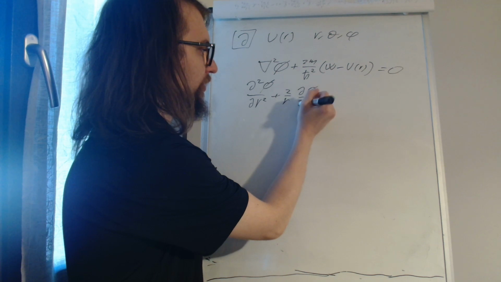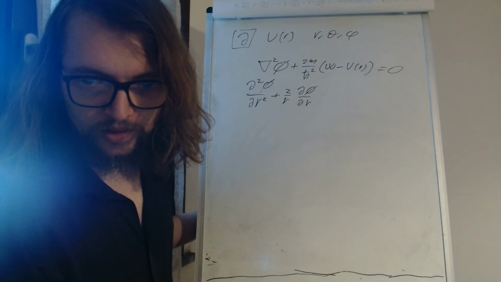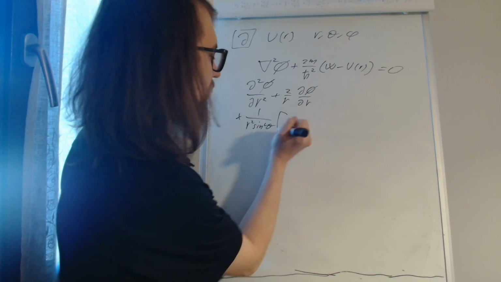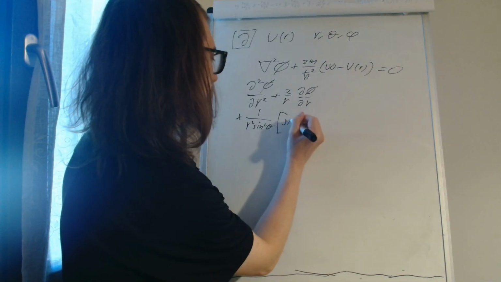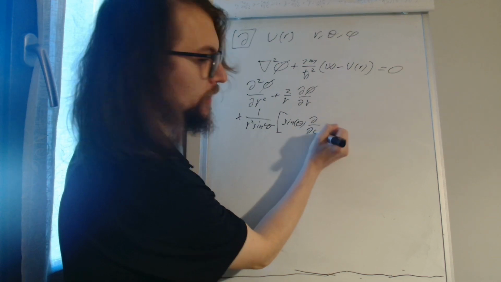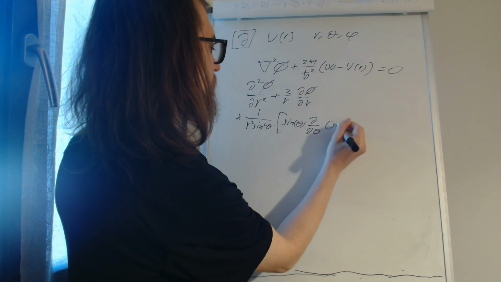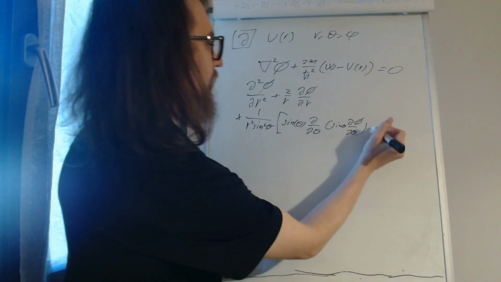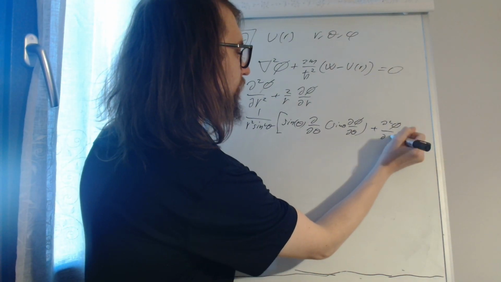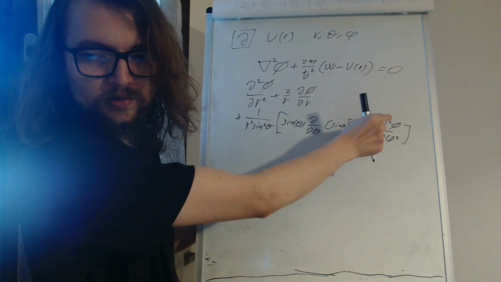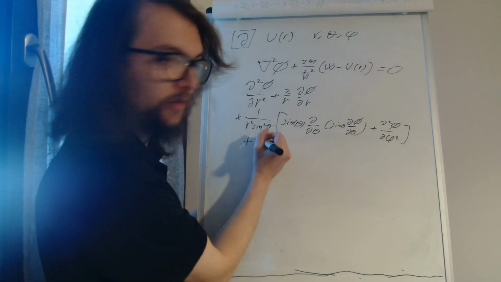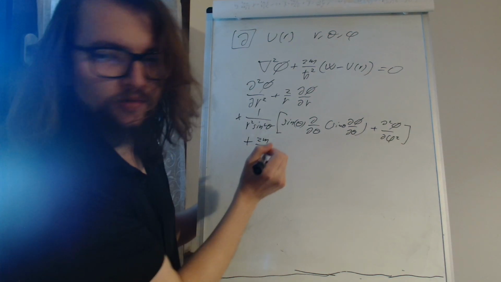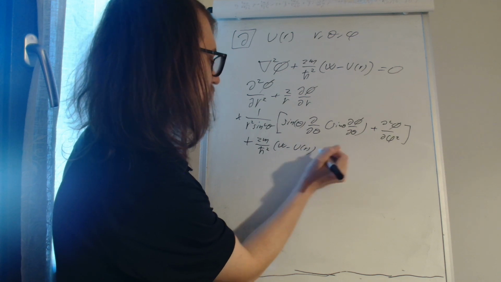I don't remember the expression, so I'm reading it from here, plus 1 over r squared sine squared of theta times sine of theta dou in dou theta of sine of theta dou of phi in dou theta, plus dou squared phi on dou phi squared, and don't confuse these two phi here, plus 2m divided by h bar squared times w minus u of r times phi equals 0.